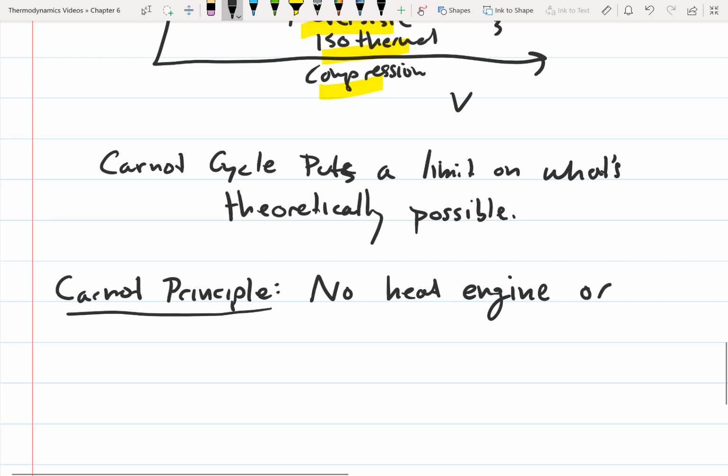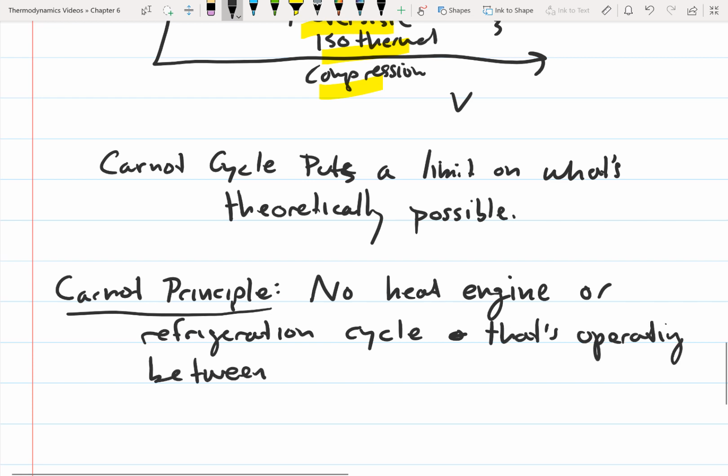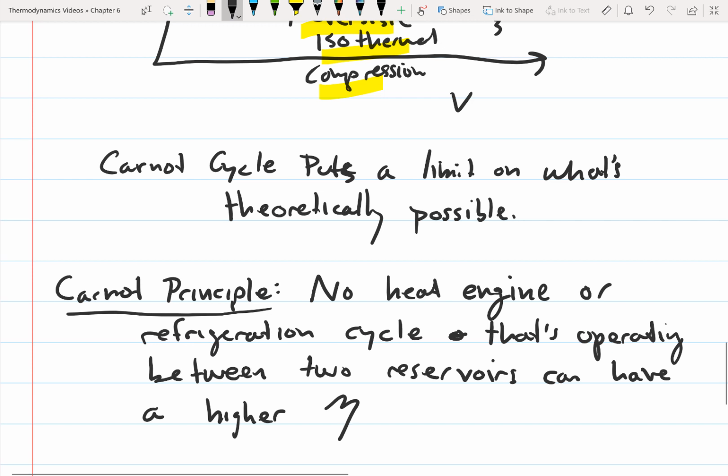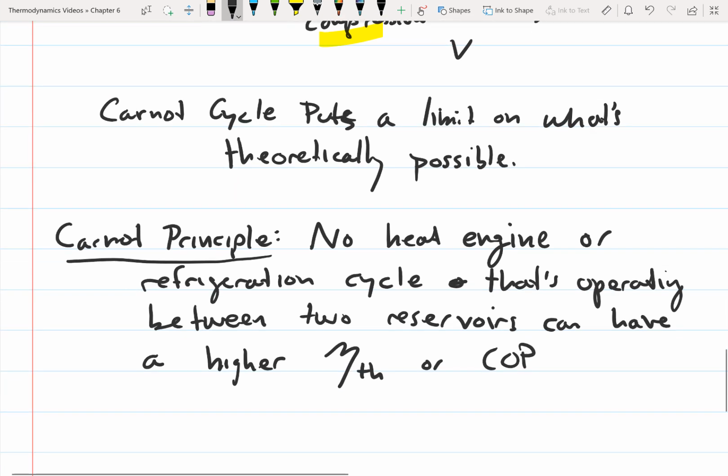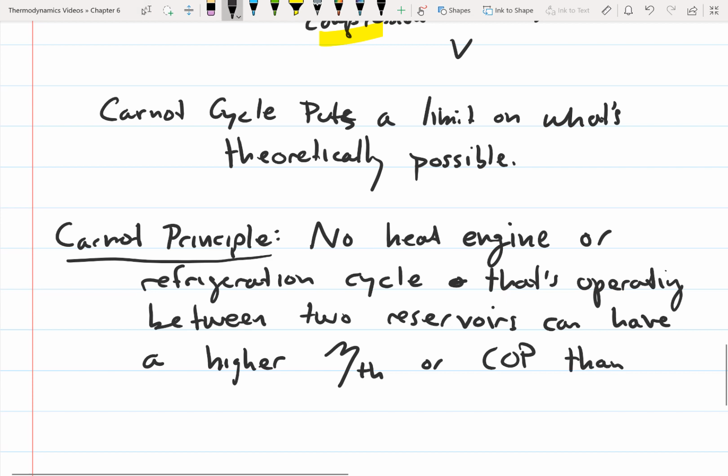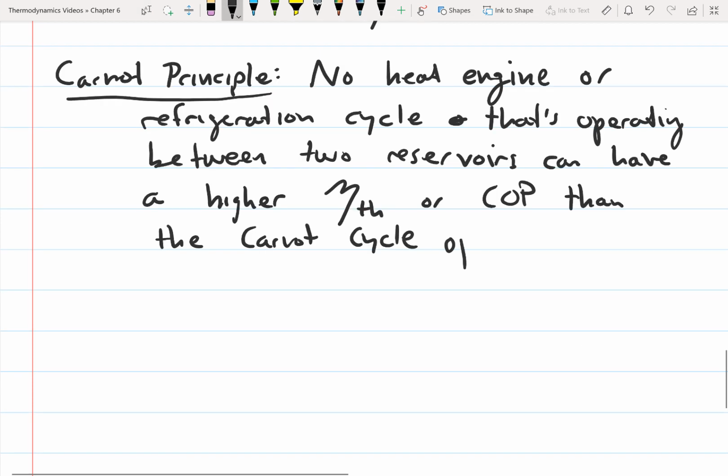But no heat engine or refrigeration cycle that's operating between two reservoirs, so this would be reservoirs at the high temperature and the low temperature, can have a higher thermal efficiency, or for a refrigeration cycle, a coefficient of performance, than the Carnot cycle operating between the same two reservoirs.